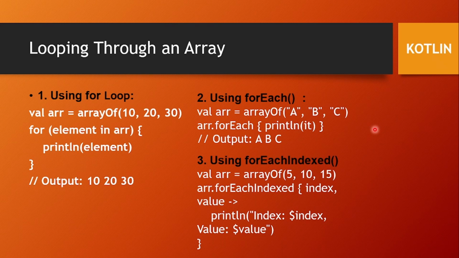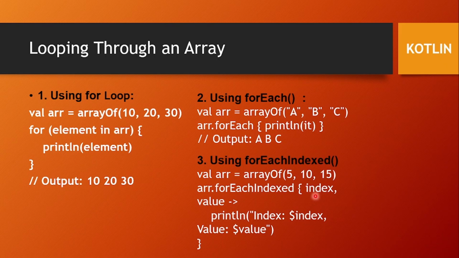By using forEachIndexed, I have already talked about this also. We can do that after initializing my array and specifying the values 5, 10 and 15. By calling forEachIndexed you can traverse and print all of the values with their index.